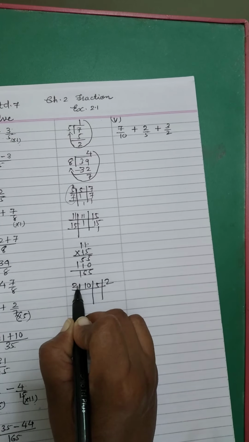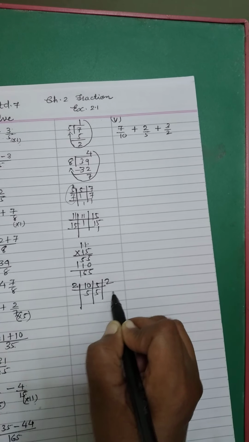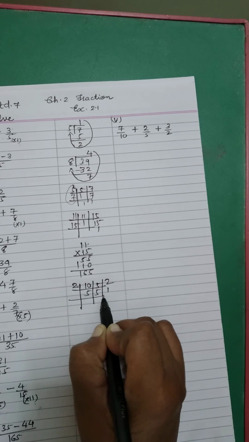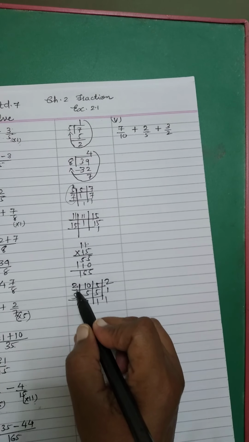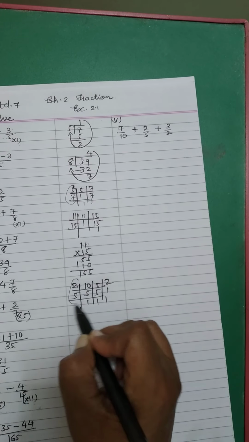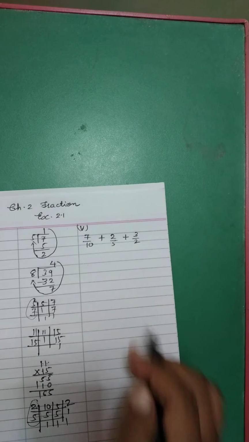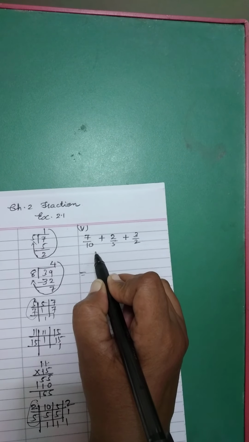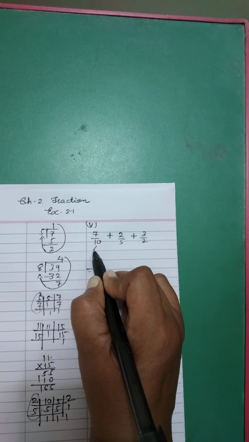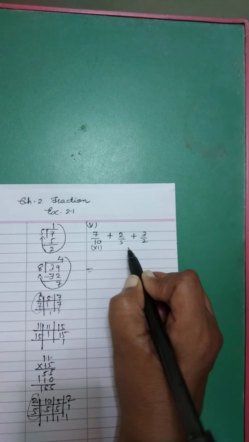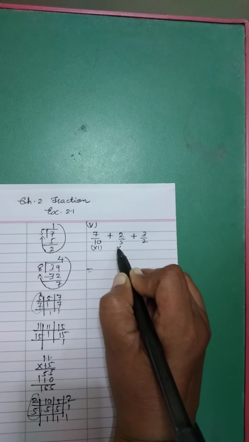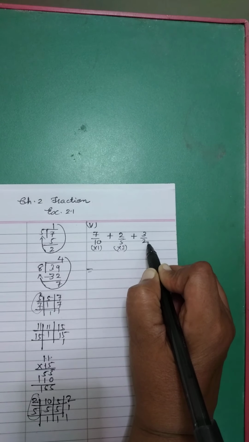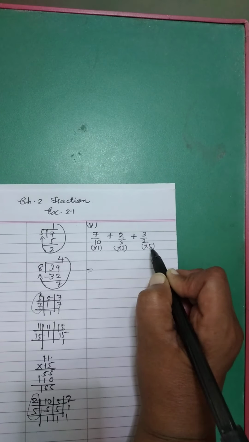Start from prime number 2. 5 twos are 10, 5 as it is, 2 ones are 2, again 5 ones are 5, 5 ones are 5, 1. LCM of 10, 5 and 2 is 2 multiply 5, 10. Here 10 LCM is given already, so multiply by 1, 10 ones are 10. Here I want 10, 5 is given, so 5 twos are 10. Here 2 is given, so 2 fives are 10.